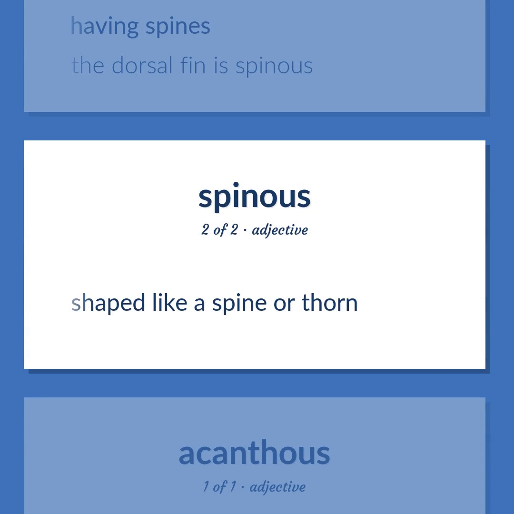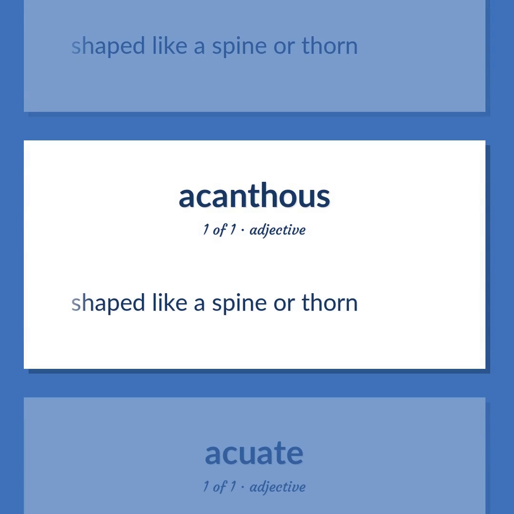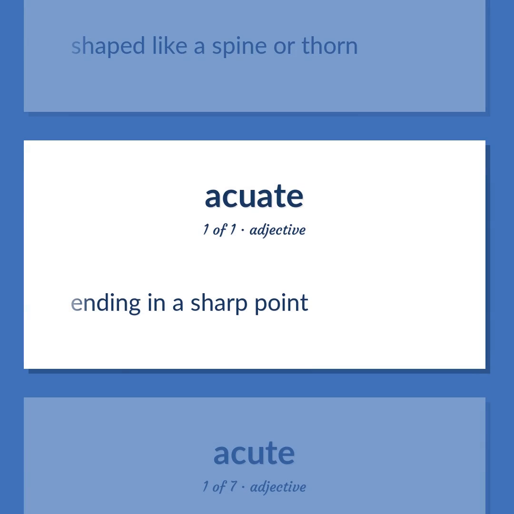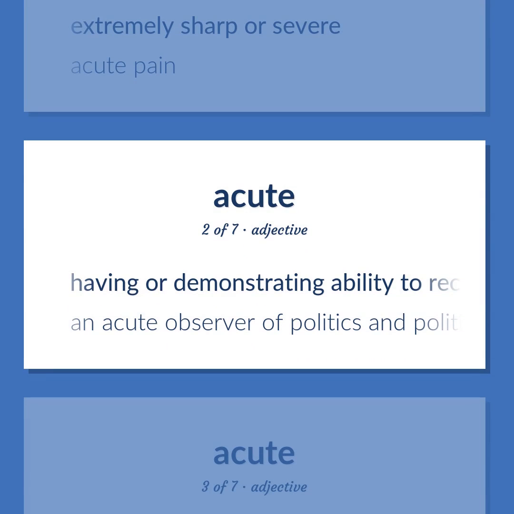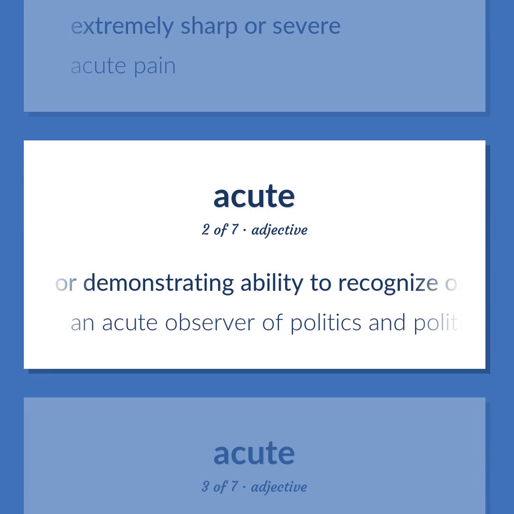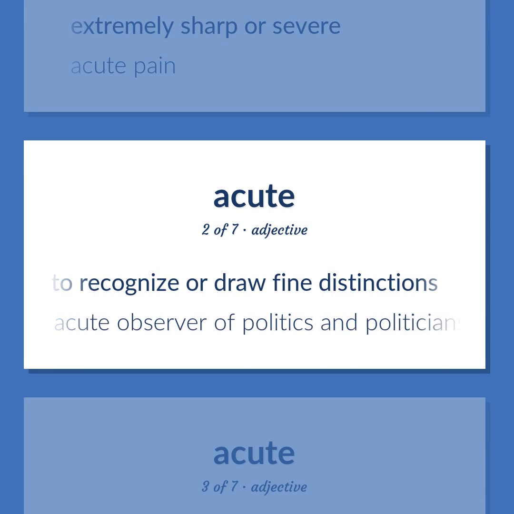Shaped like a spine or thorn. Ending in a sharp point. Extremely sharp or severe. Acute pain. Having or demonstrating ability to recognize or draw fine distinctions. An acute observer of politics and politicians.